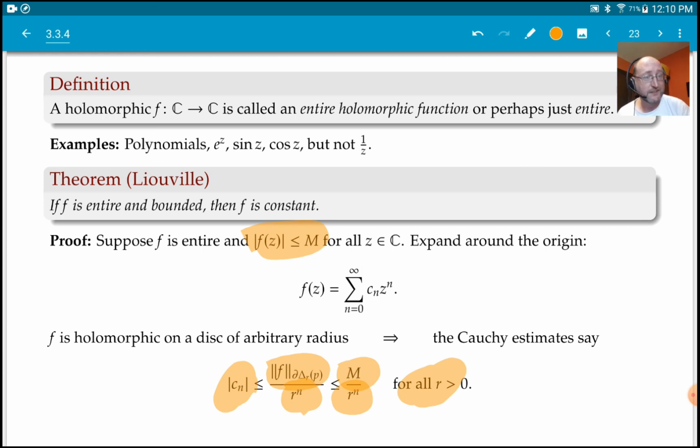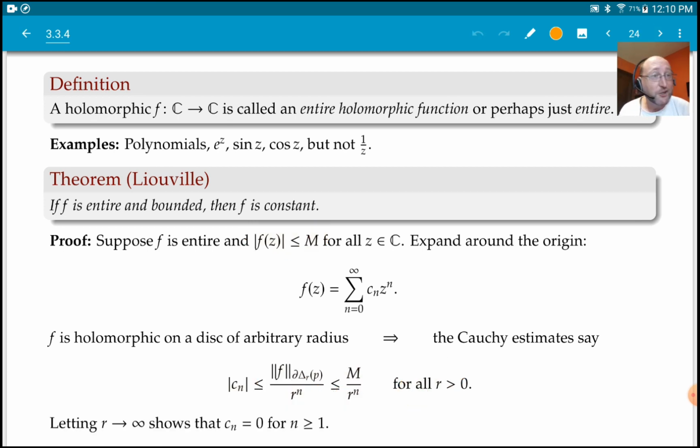Capital M is just one fixed constant, and this holds for all positive r. So now you can imagine what's coming next. Letting r go to infinity, this thing goes to 0, which means that Cn has to be 0. Now, that is as long as n was not equal to 0. If n is 0, then r to the 0 is just 1, it doesn't go to infinity.